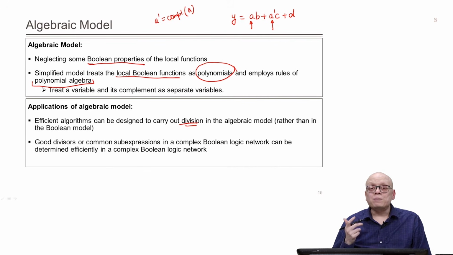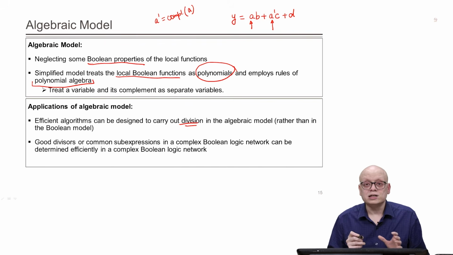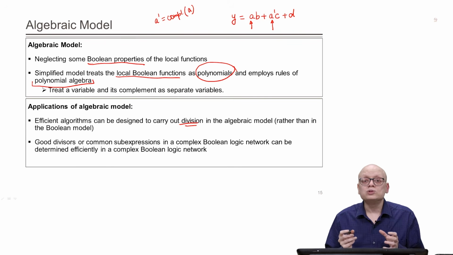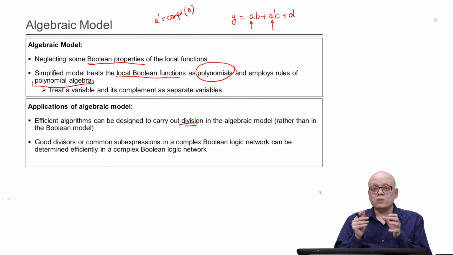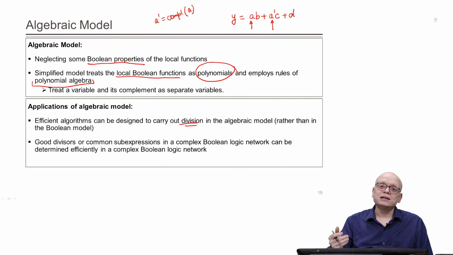The second application is that good divisors, or divisors which can reduce the area of a given circuit or a given Boolean logic network, or common sub-expressions, can be extracted from a local function much more efficiently in an algebraic model rather than in the Boolean model.